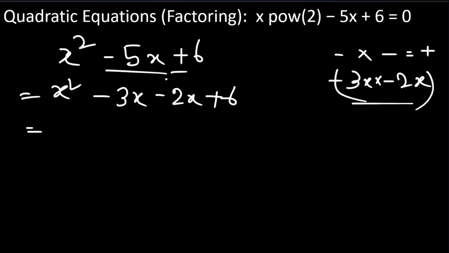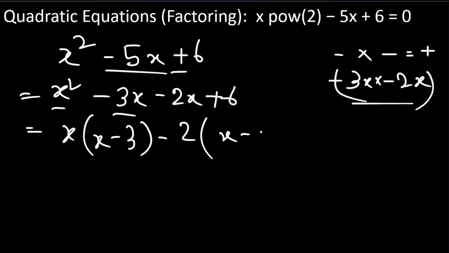So now it can match with the equation. So x will be common for these terms. So now we'll get x minus 3, and here we will take common minus 2, and here also 3. So now minus 2 times x minus 2, minus times minus is plus, and 3 times 2 equals 6.